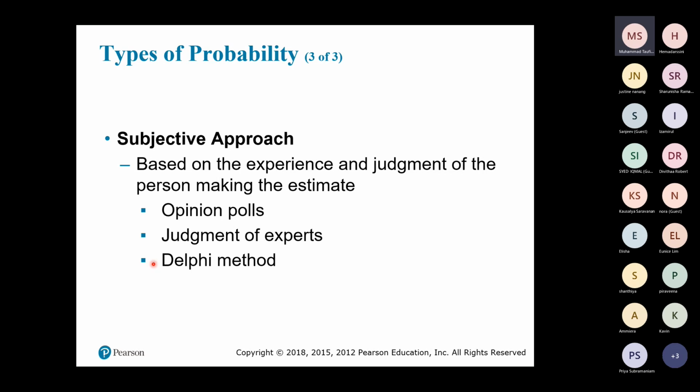Based on your experience and your calculation, you estimate that the probability of people buying 10 scoops of ice cream per day is maybe 70%. So you make an estimation based on your experience.